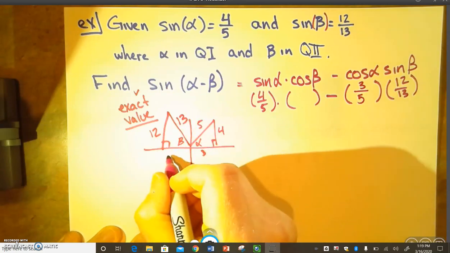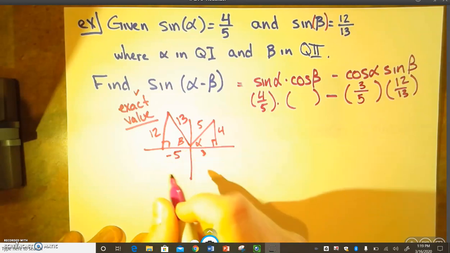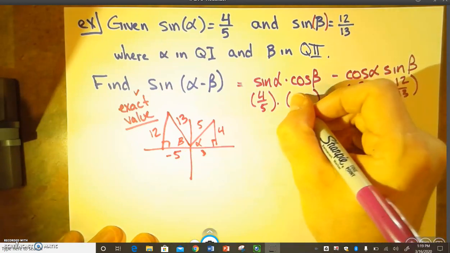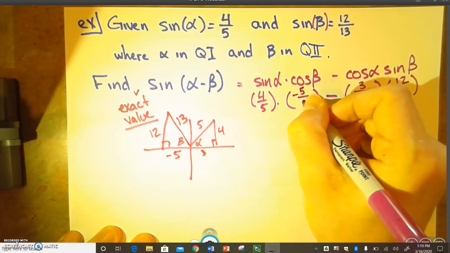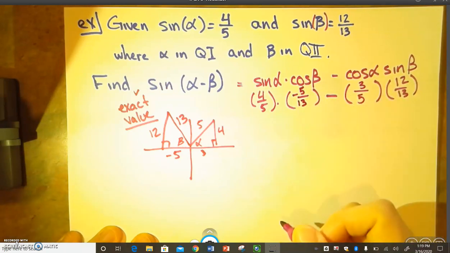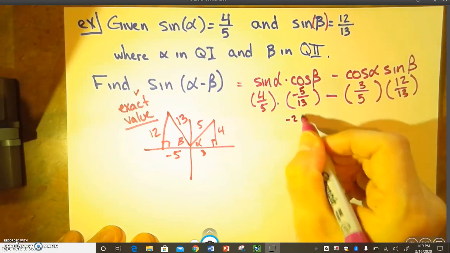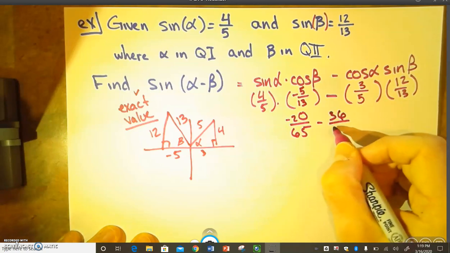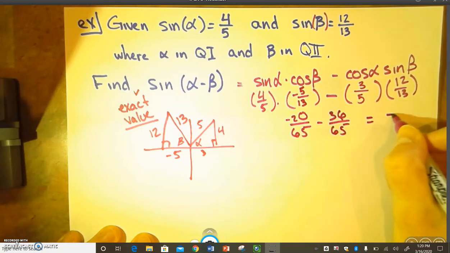However, being in quadrant 2, it's going to be -5 for that side length, which means my ratio for cosine beta is negative 5 over 13. At this point, we have everything we need. We can just simplify. Negative 20 over 65 minus 36 over 65.